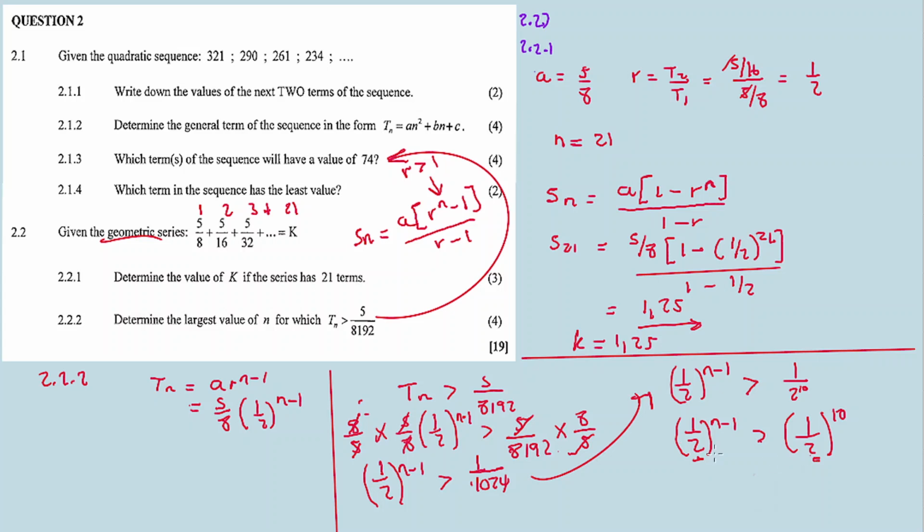Instead of leaving your 1-to-1 ratio as a fraction 1 over 2, how about you write it as 2 to the minus n plus 1, so that you understand in a moment why I say so. And then here it's 10, so 2 to the minus n plus 1 greater than 2 to the minus 10. Now the fractions are gone, and we have whole numbers as the bases to form our powers.